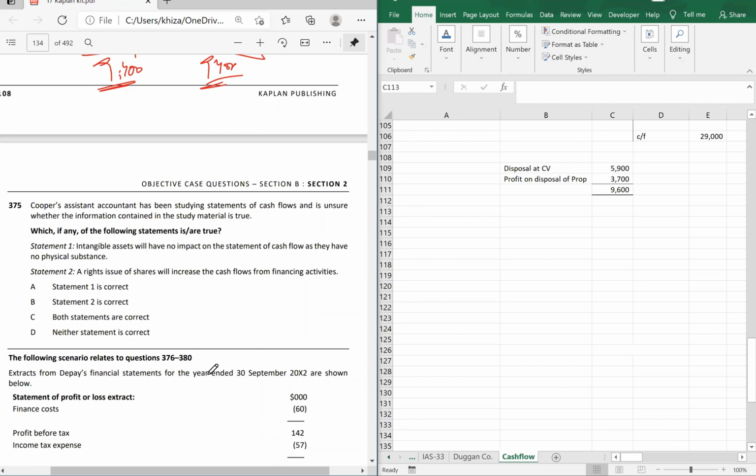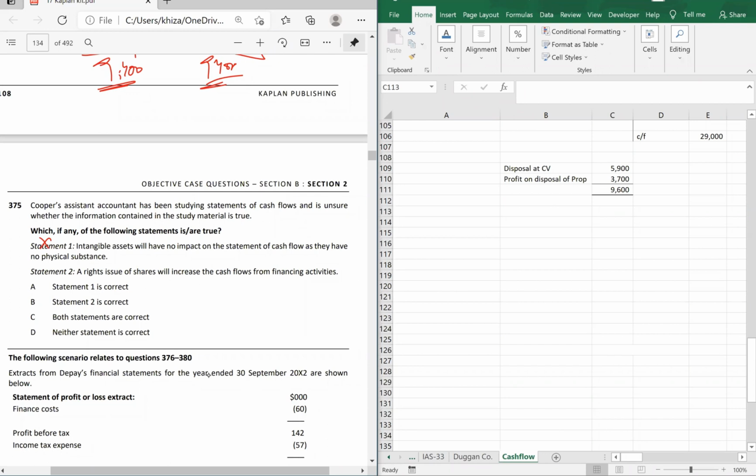Did someone say yes? This is not true. Intangible asset by its nature has no substance, but that does not mean that you won't be incurring cash to acquire or develop that intangible asset.